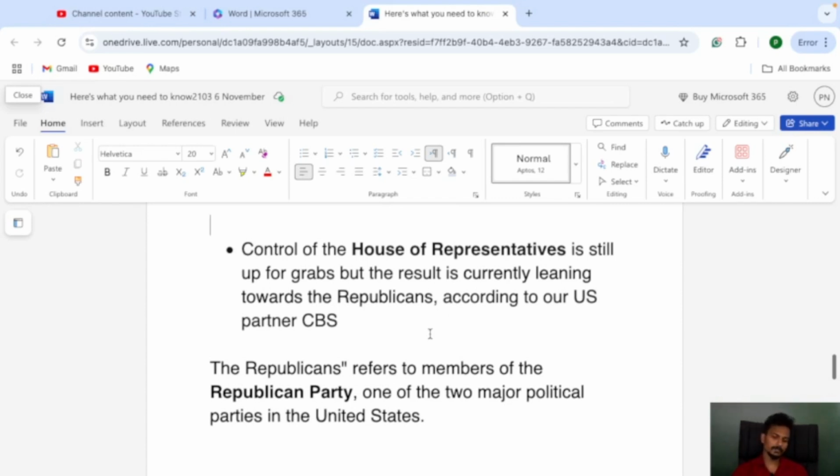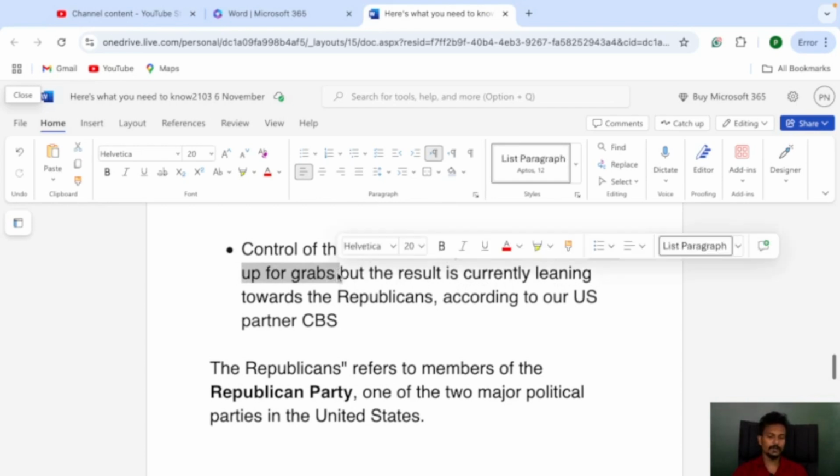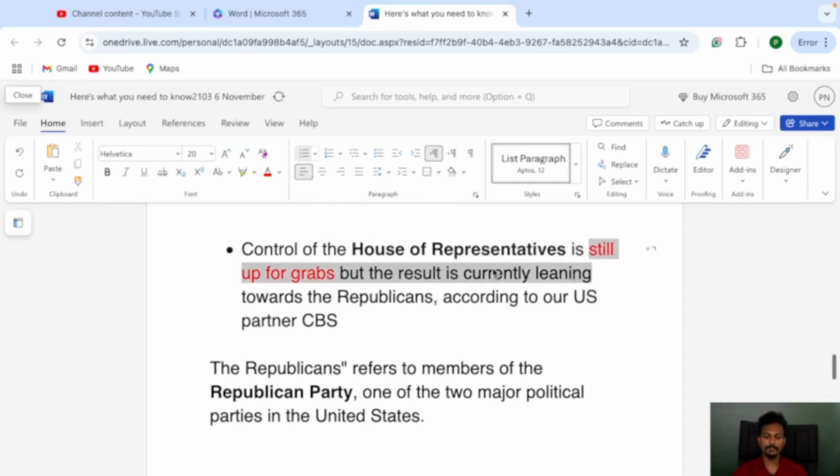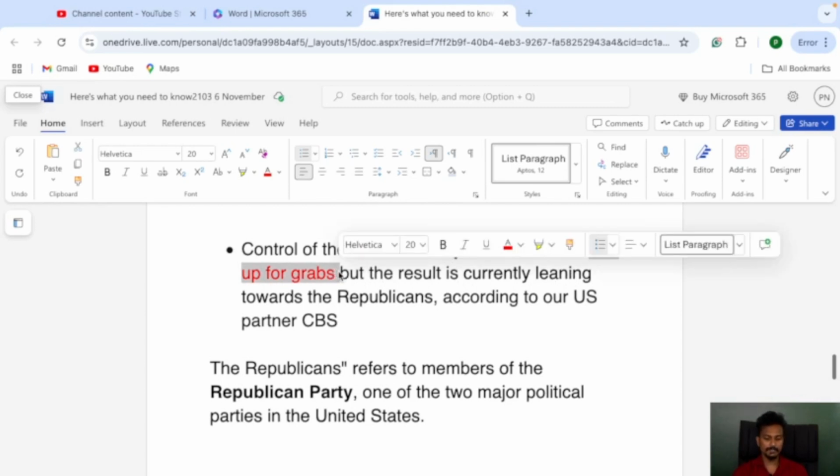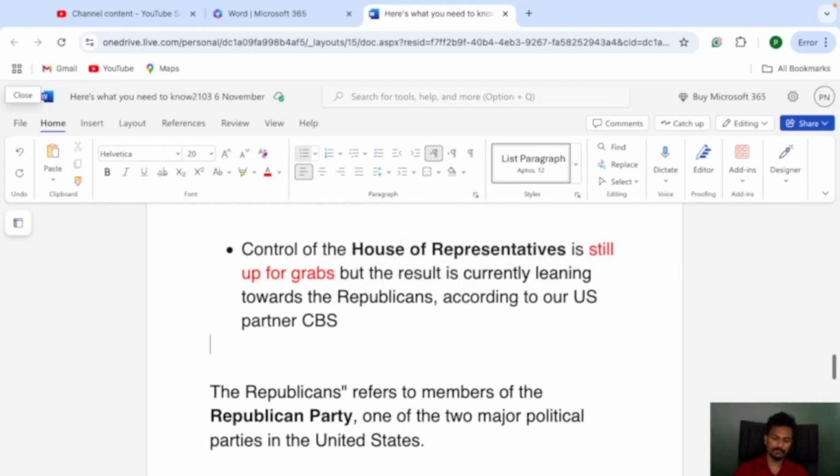In the US there are people who represent the districts. Those are the House representatives. Still up for grabs. If something is still up for grabs, what do I mean by that? It means basically it's still available.